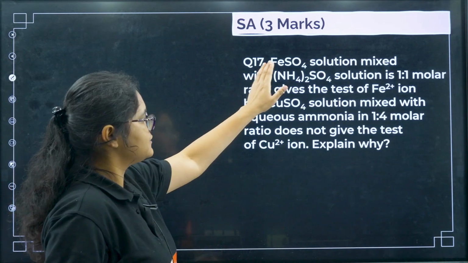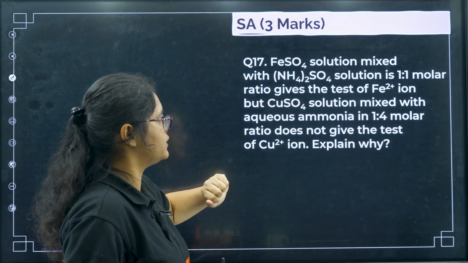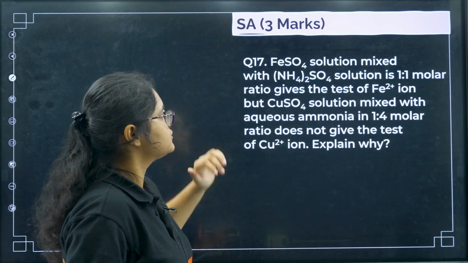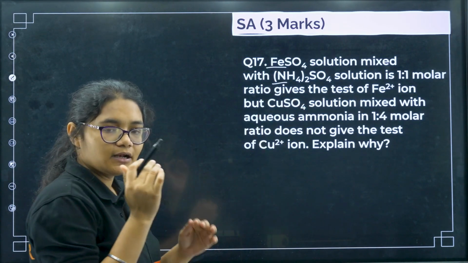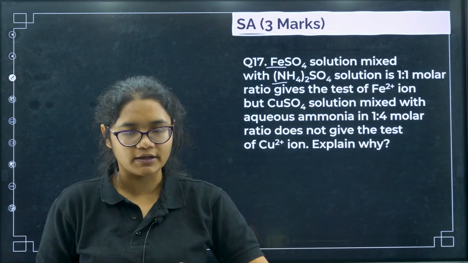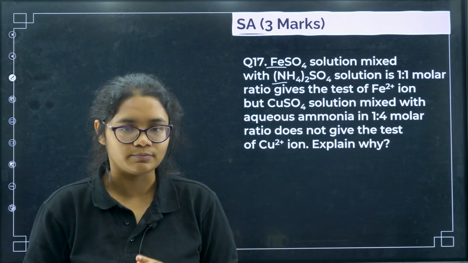See, FeSO4 solution when mixed with ammonium sulfate solution in 1:1 molar ratio, it gives a test of Fe2+ ions. So what happens exactly? They will form a double salt, right? When a double salt is formed, Fe2+ ions will be produced when it is dissolved in water, so it can give a test for Fe2+ ions.